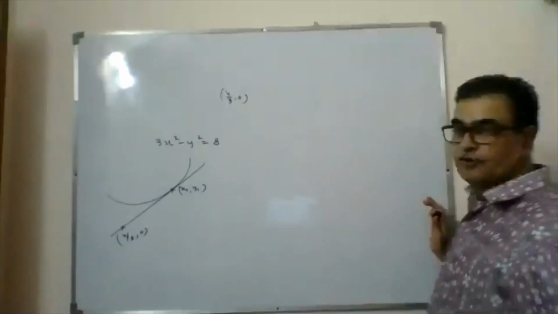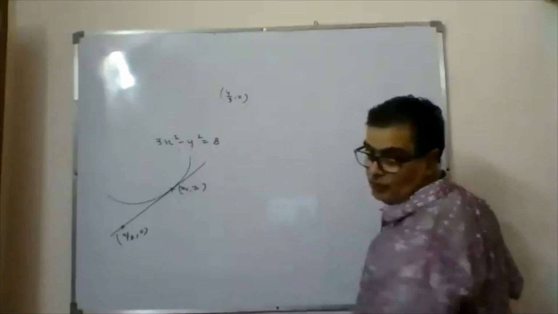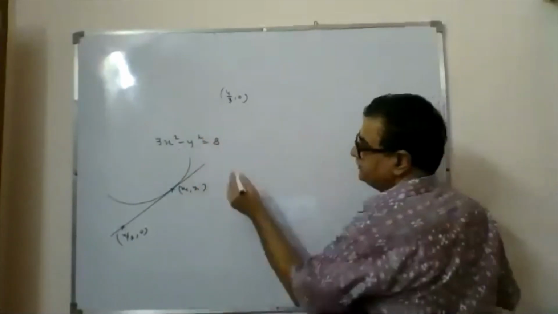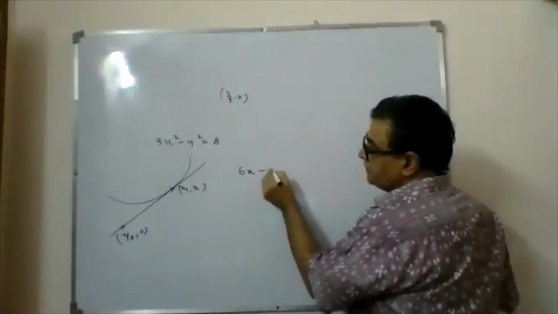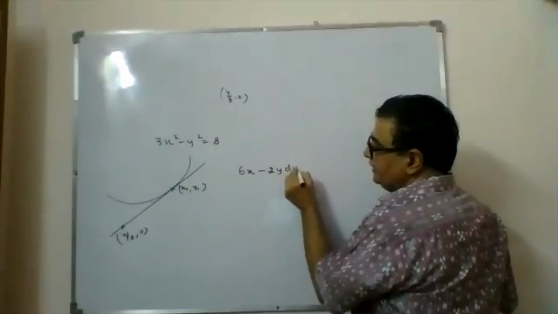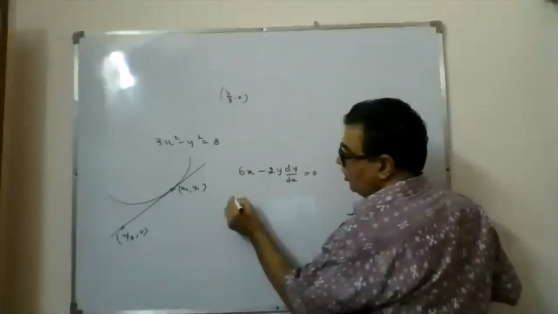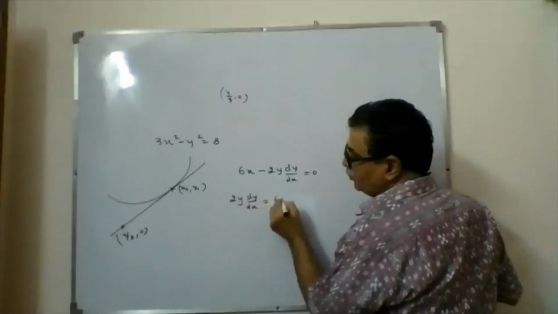So how to start first? First find the equation of tangent at x1, y1. How do we do it? Just check. First derivative: 6x minus 2y dy by dx equals 0. Or I should say 2y dy by dx comes out to be 6x.